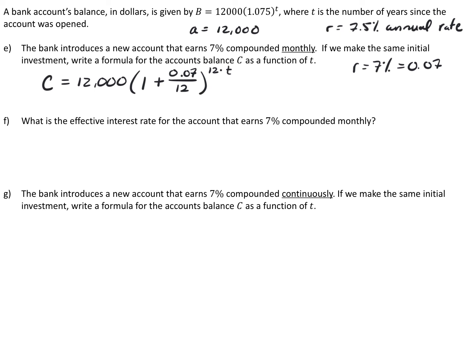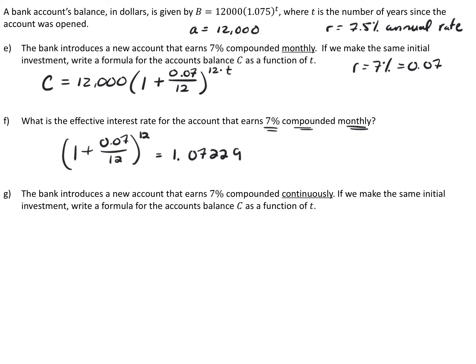Okay. Now let's take a look at question F. What is the effective interest rate if we are given 7% compounded monthly? To calculate the effective interest rate, what we need to do is take 1 and add it to 0.07 divided by 12 and raise it to the 12th power and see what this is equal to, which is 1.07229.